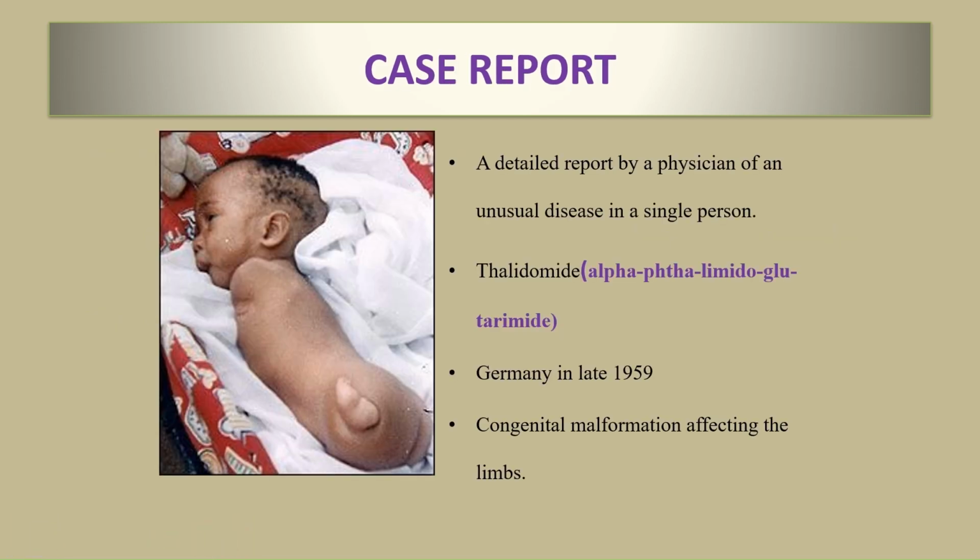Case report. A detailed report by the physician of an unusual disease in a single person. Thalidomide, Germany in late 1959, presented congenital malformation affecting the limbs of a child.